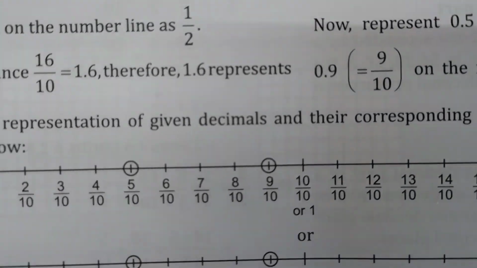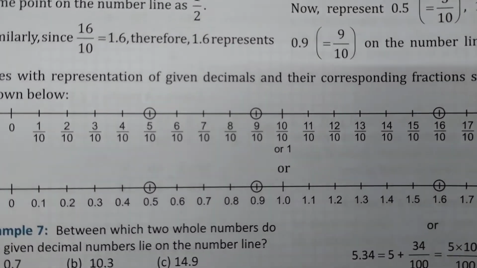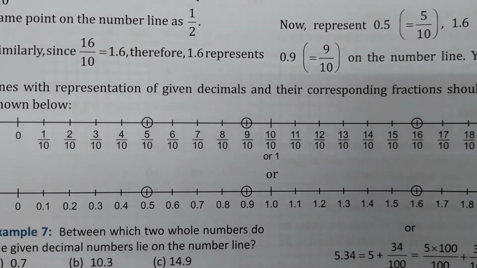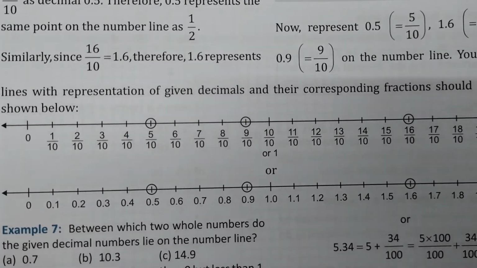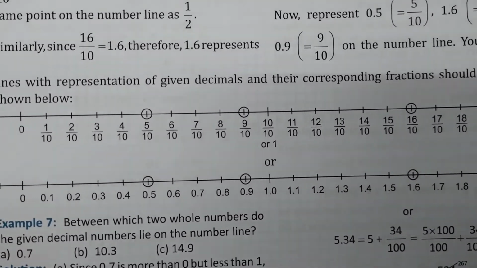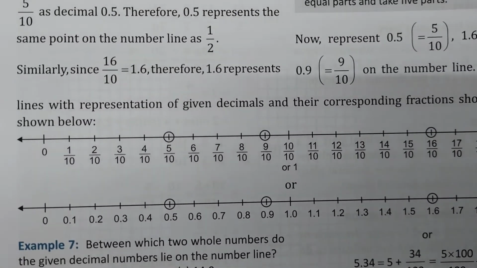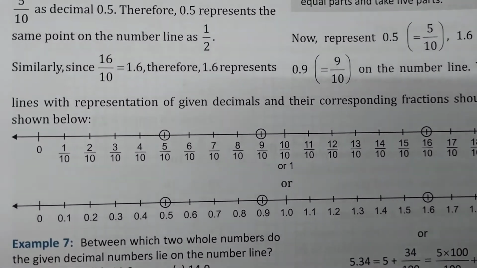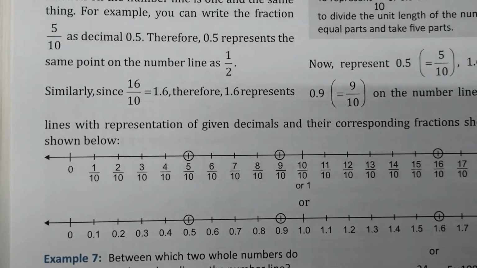Now clearly you can observe the number line, from 0, 1 and 2. From 0 to 1, 10 equal divisions will represent 1 by 10, 2 by 10, 3 by 10, 4 by 10, 5 by 10, 6 by 10, 7 by 10, 8 by 10, 9 by 10, where 10 by 10 is nothing but one whole.